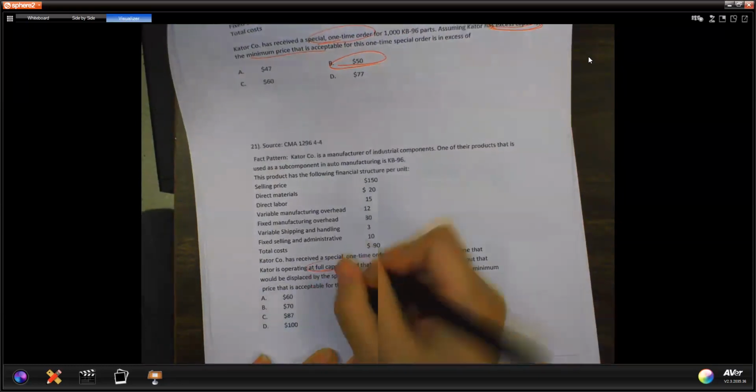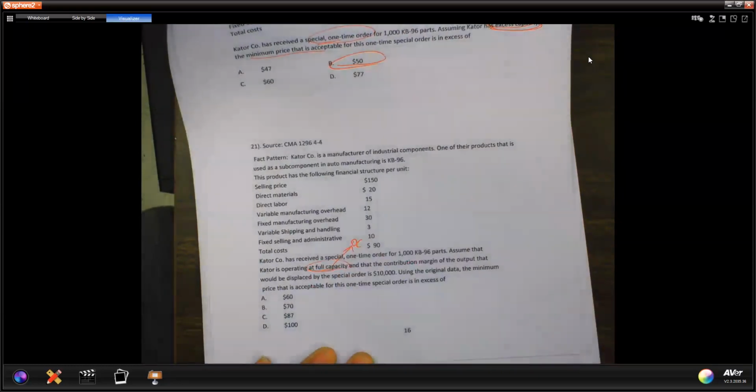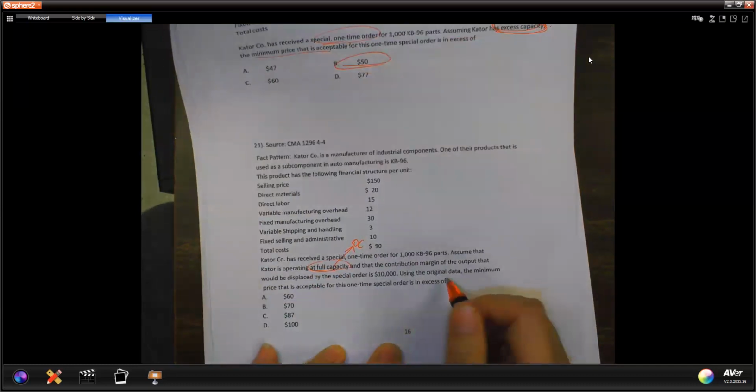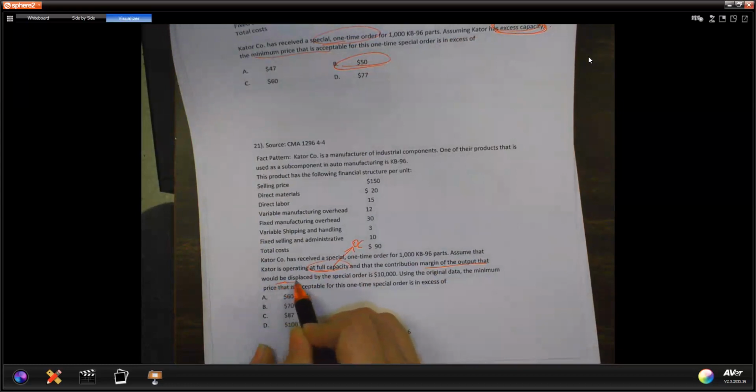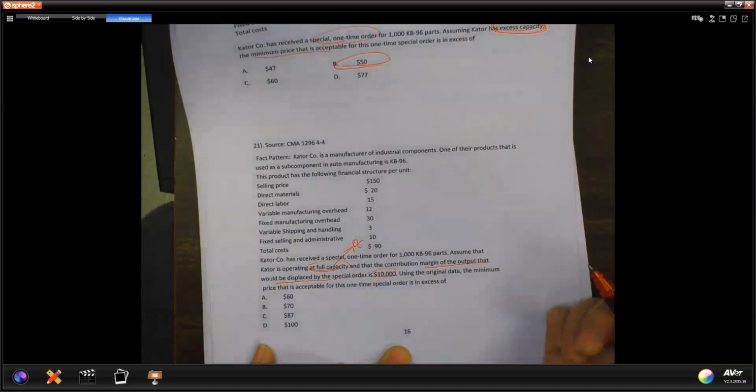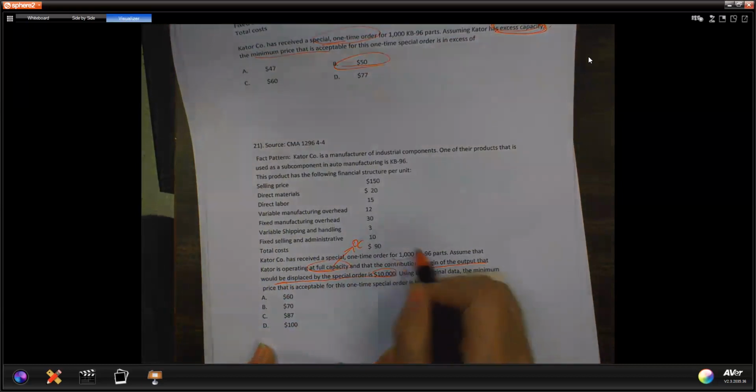Next one said you are working at full capacity. Oh, you will think, now I have opportunity cost. I need to get what the opportunity cost is. And the contribution margin that would be displaced by the special order is $10,000. So your second best alternative will give you $10,000 for the 1,000 units.